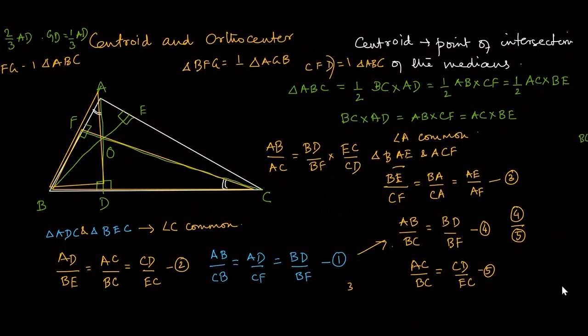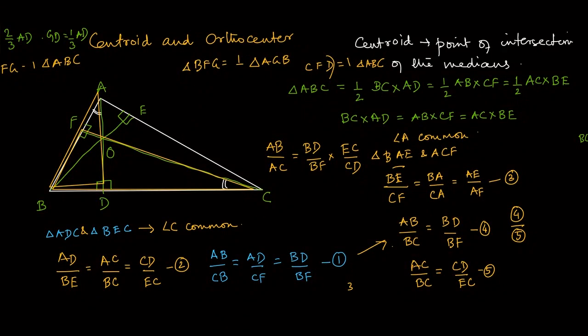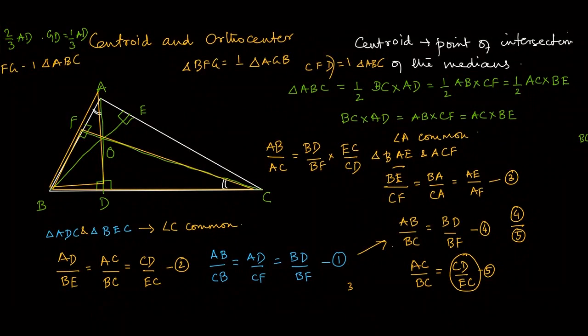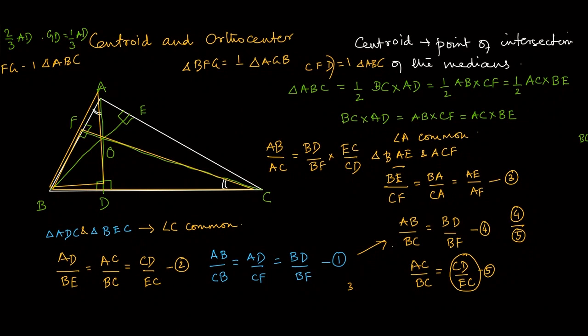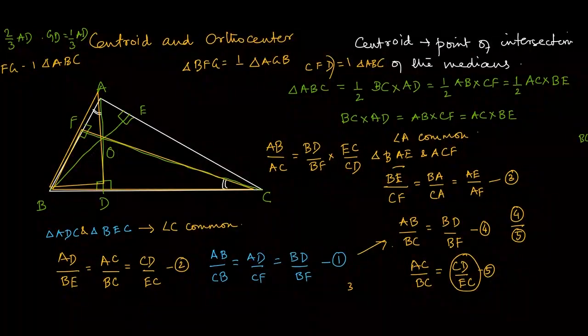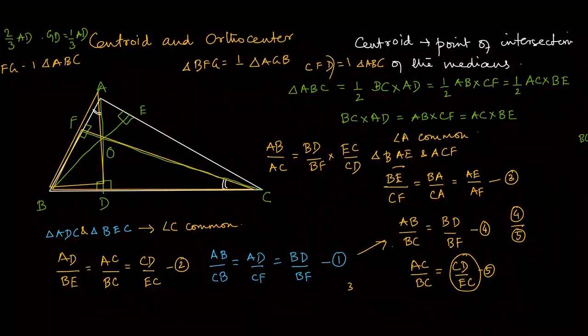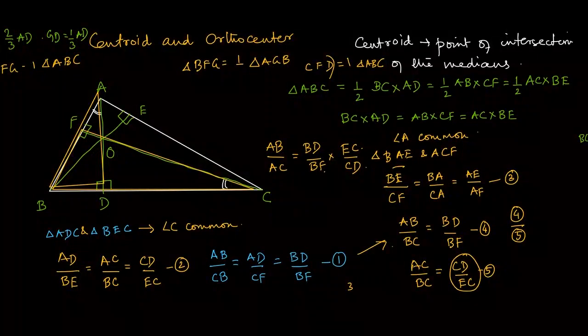Can I write this? Because this will get reversed. The denominator will be CD by EC, that will get reversed. Are you able to follow this? So I get AB by AC is equal to BD by BF into EC by CD, correct?